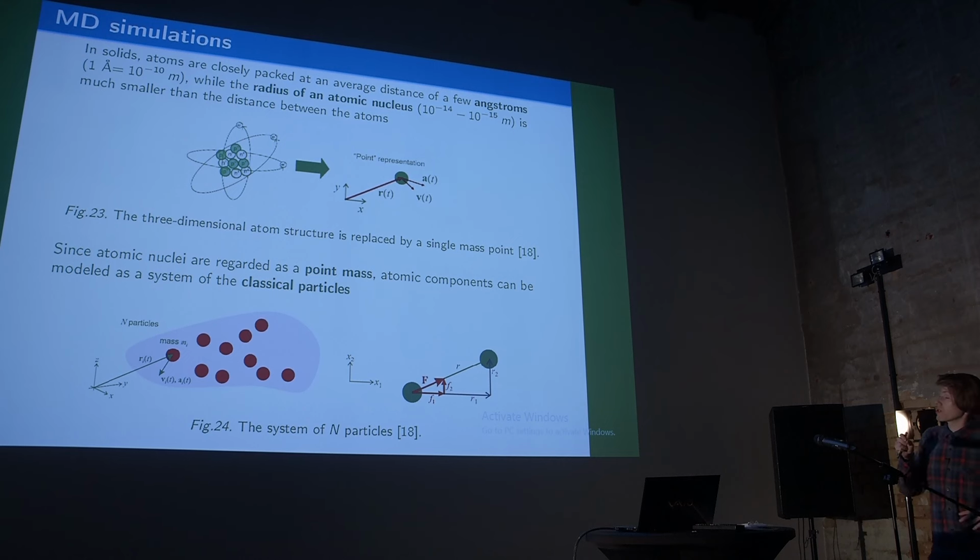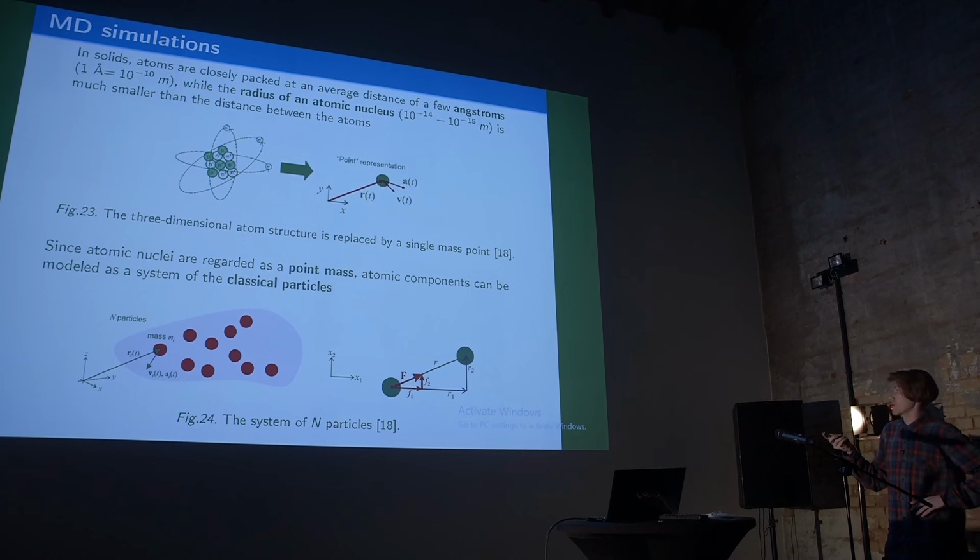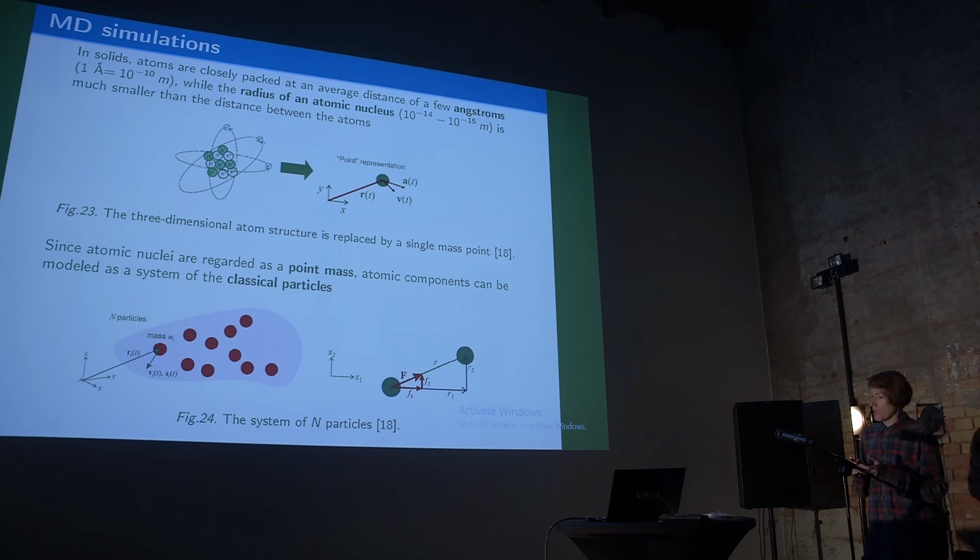But the radius of the atomic nucleus is much smaller, about 1,000 times smaller. So we can make a model that's based on point representation. The atoms can be represented as point masses, as in classical mechanics, and we can model this system as classical particles.